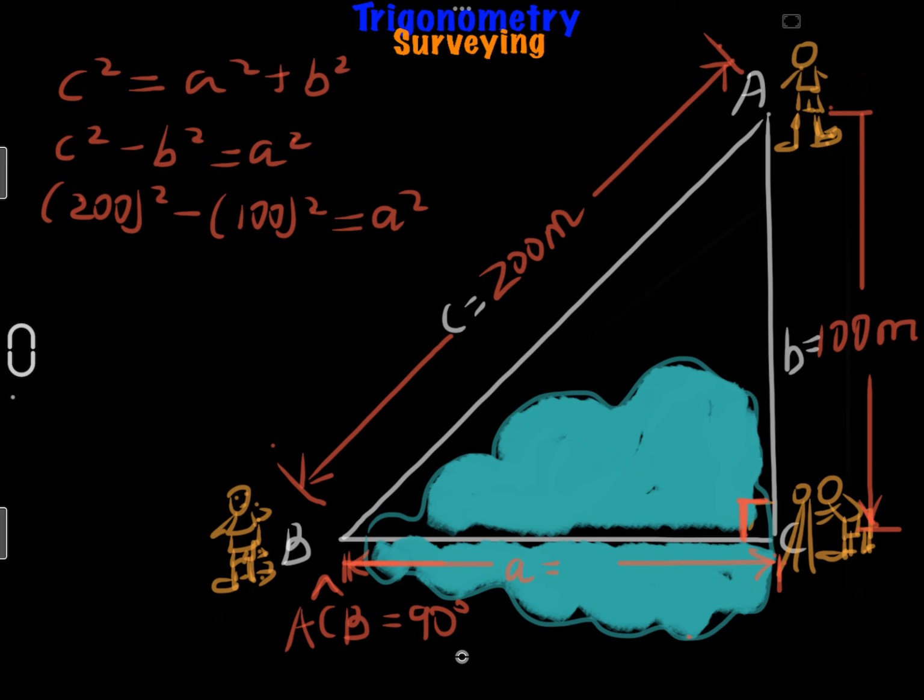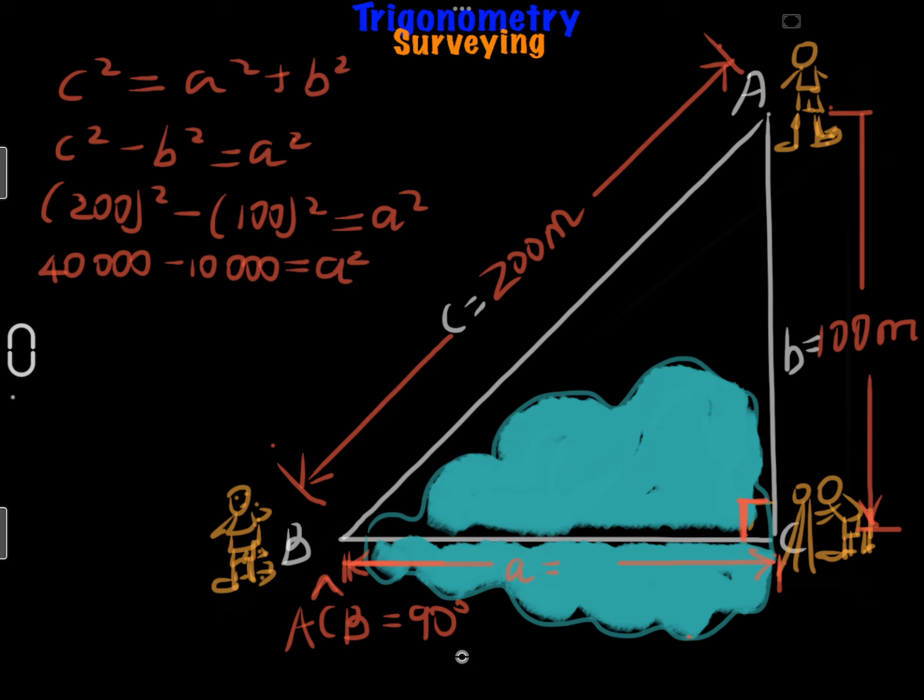Now a squared is still the subject of the formula, so essentially now we have 200 squared. So we know that 200 raised to the second power, we get 40,000. There you go. And then 100 raised to the second power, we get 10,000, is equal to a squared.